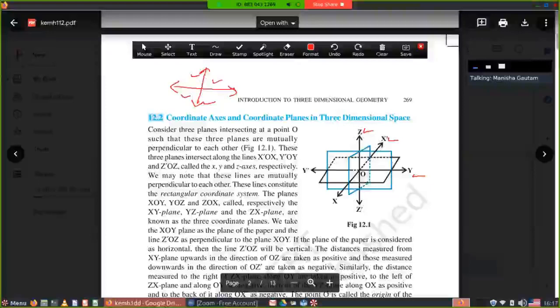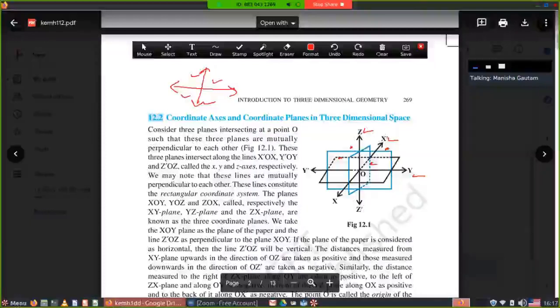Okay, now if you observe this figure, you will get four parts above this Y'OY and four parts below the axis Y'OY. Four parts means first part is this one, second is this one, third and fourth. Suppose these four are the rooms on the floor, and other four are the rooms which are lying exactly under these four rooms.